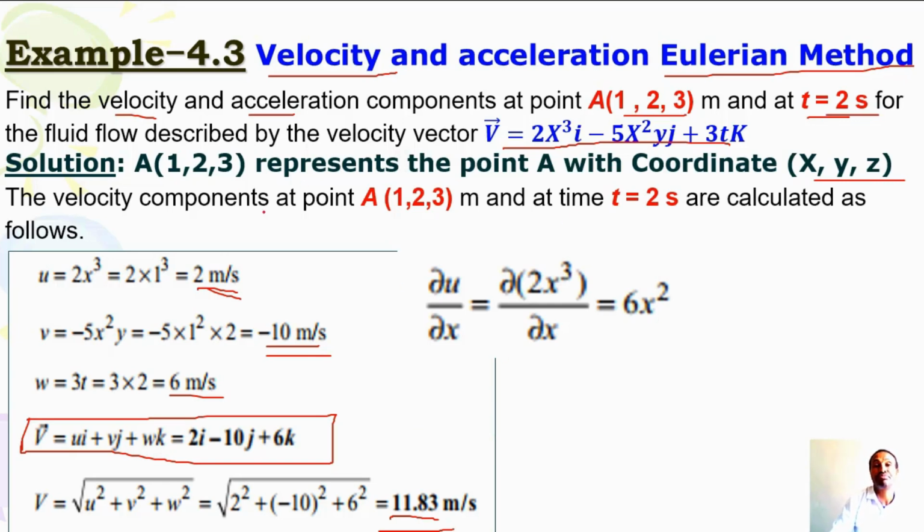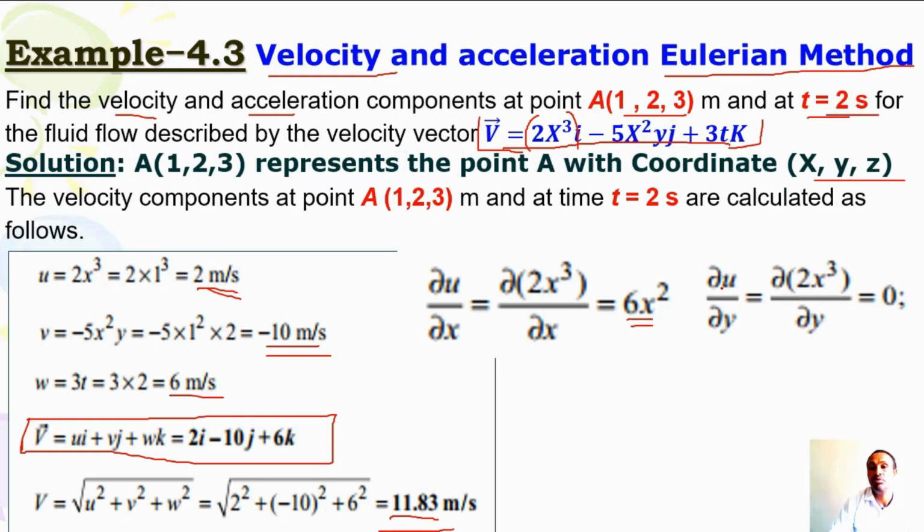Since the velocity is given, we can now find the other parameters. Del u with respect to del x: to compute acceleration, you have the u component, which is 2x cubed. Differentiating with respect to x, you get 6x squared.